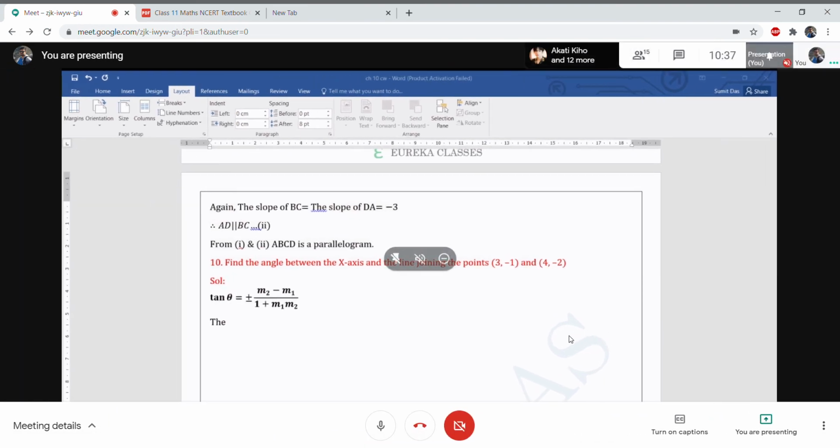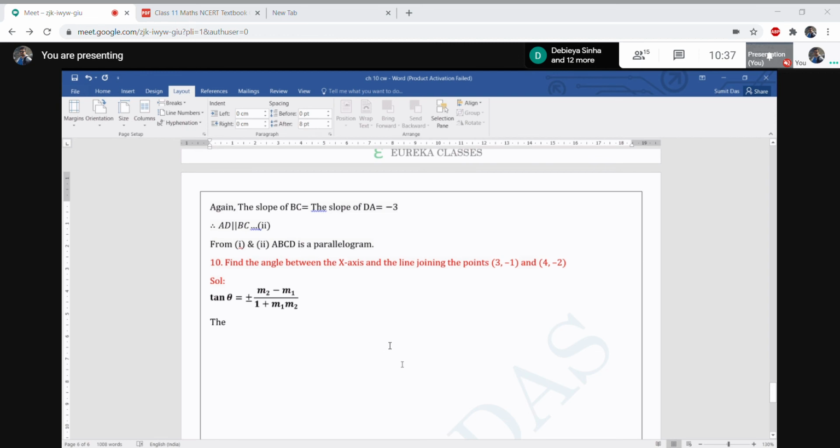So the slope of x-axis is, what is the slope of x-axis? Let me know.